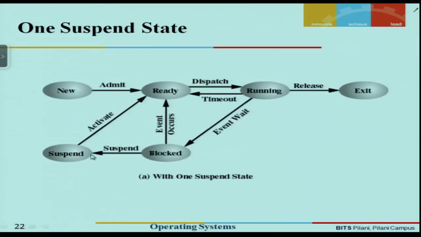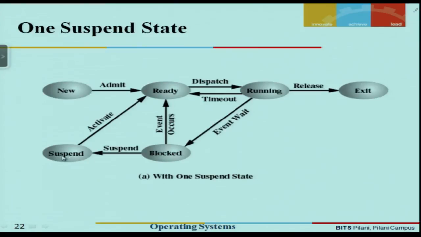We should clearly distinguish between a process in a blocked state and a process in a suspended state. The process in the blocked state is in memory and is waiting for services, whereas the process in the suspended state is waiting for services and is not in memory.